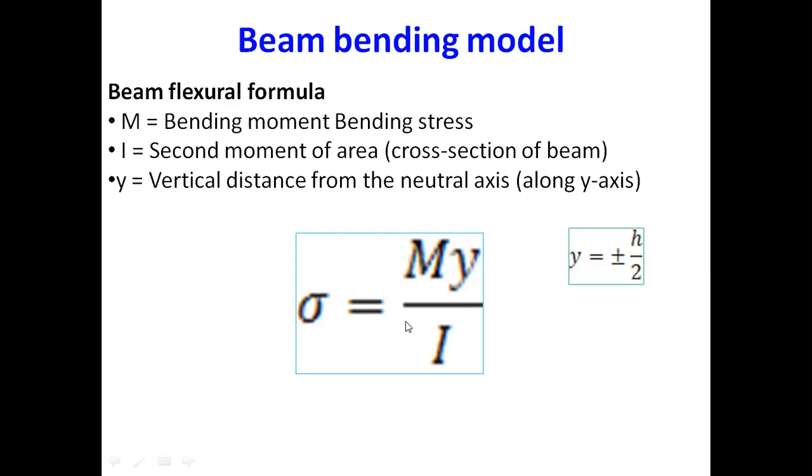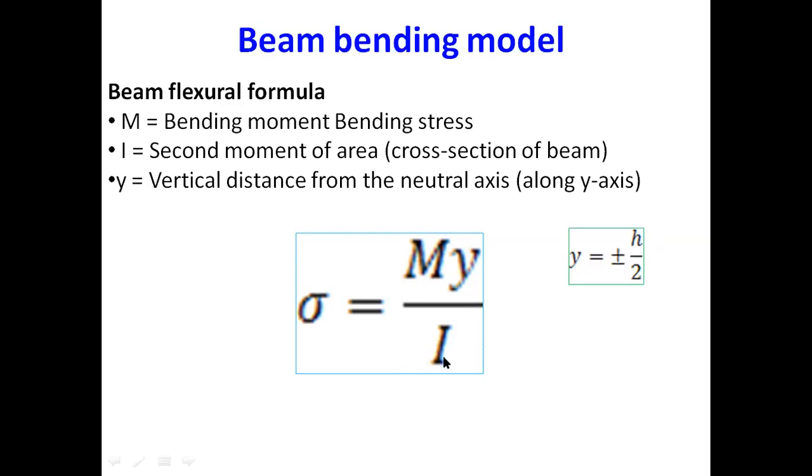So sigma is equal to My by I. M is the bending moment. y is the vertical distance from the neutral axis, above the neutral axis and below the neutral axis. So y is plus or minus h by 2 for a rectangular beam.